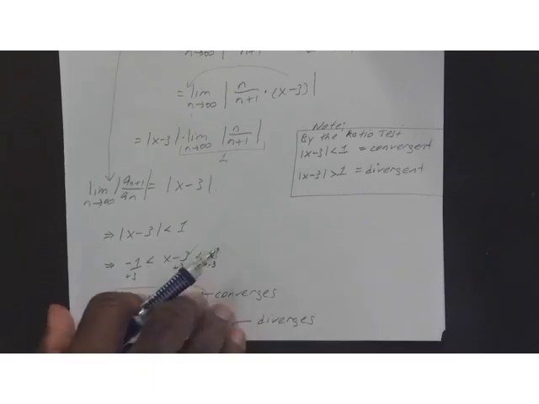Okay, so that brings us to what is known as our radius of convergence and interval of convergence.